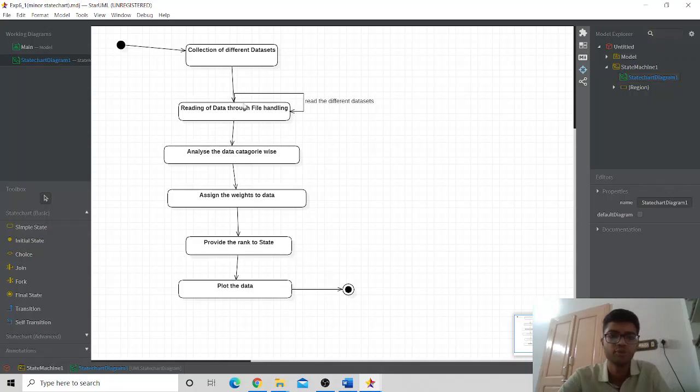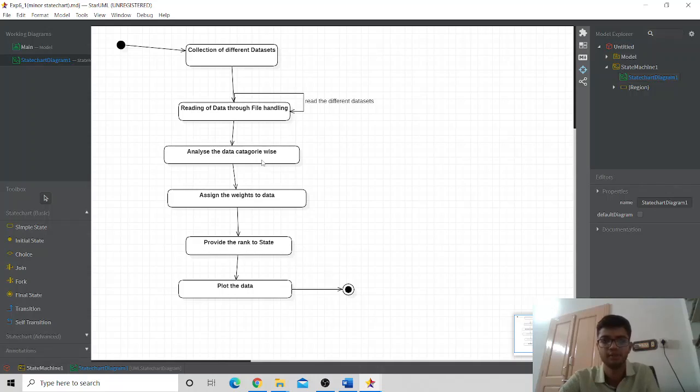Then we move to the reading of the data through file handling. Means there is a class read CSV, in which we read all that data. Okay, and there is a loop over the different data sets, until we want. And after the reading of the data, we analyze the data category wise.